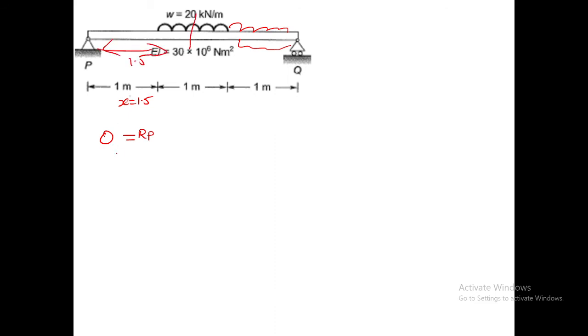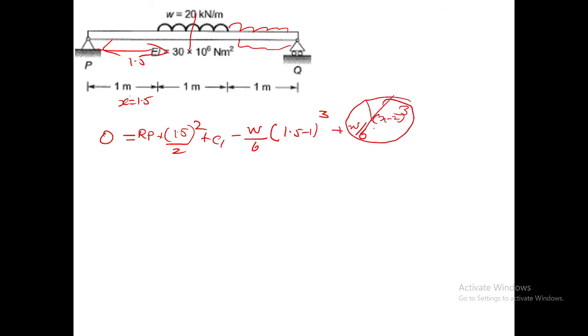So RP into 1.5 divided by 2 whole square plus C1, minus W divided by 6 into (1.5 minus 1) whole cube. The remaining term, plus W by 6 into (x minus 2) whole cube, is not needed and is neglected, since we only go up to the point 1.5.